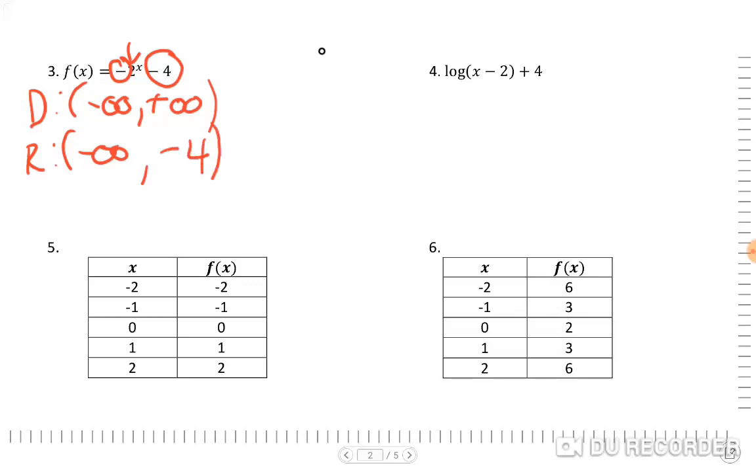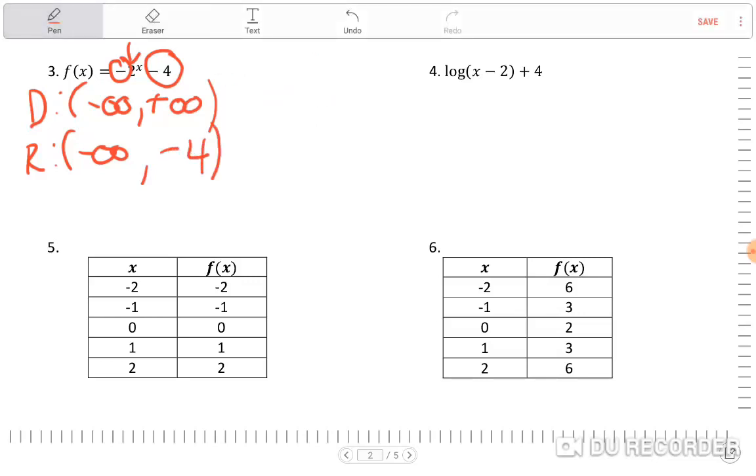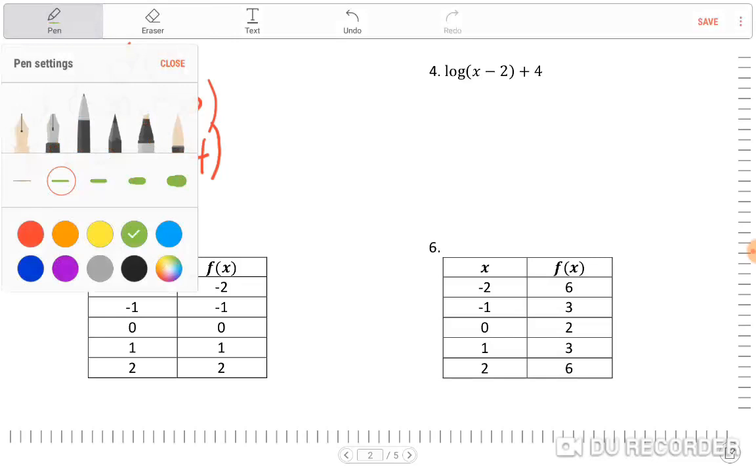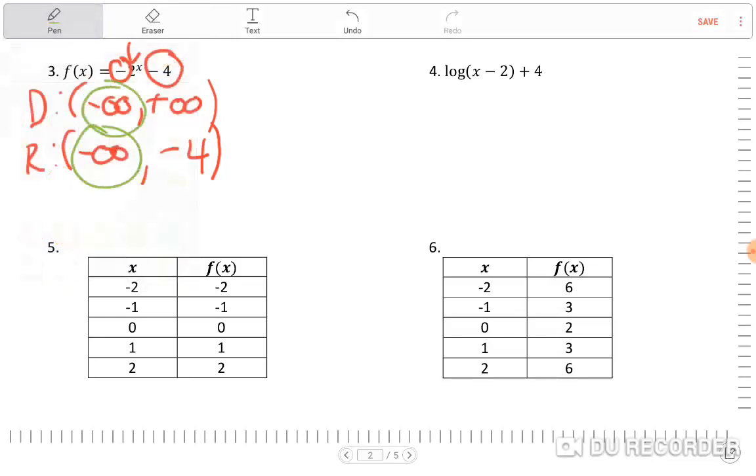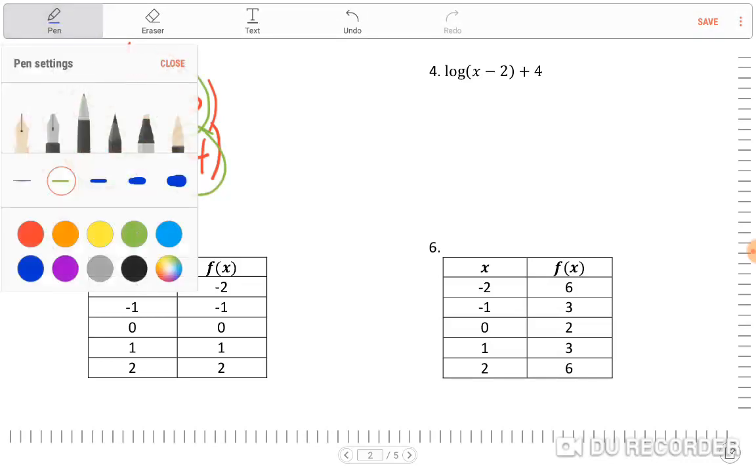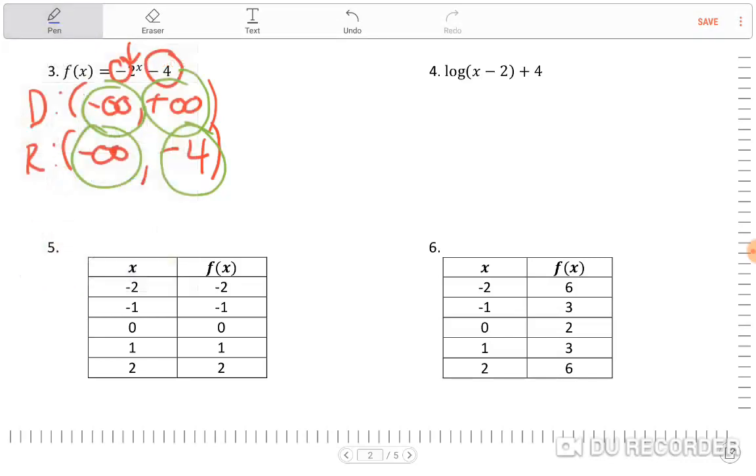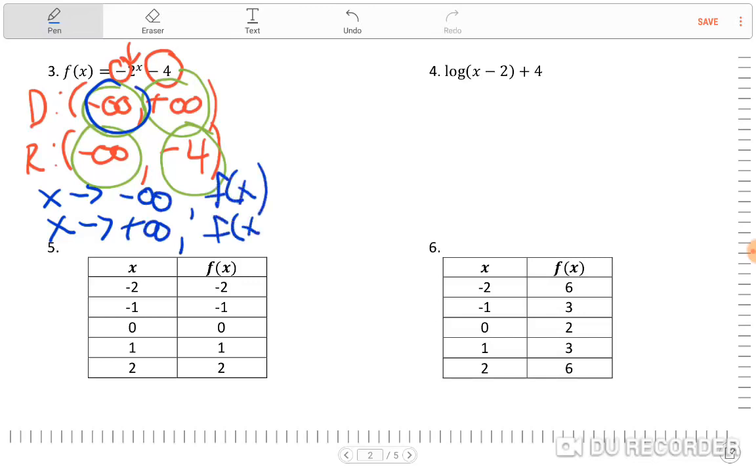Because this doesn't have any discontinuities, you can look at these values and say, all right, these four values, negative infinity, positive infinity, negative 4, are going to show up in the end behavior. And since the domain deals with x's, I can say one x is going to negative infinity, one x is going to positive infinity, but I have to figure out which y's go with which.